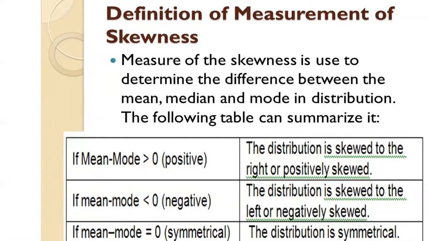So let's understand from here. If the difference of mean minus mode is greater than 0, that is, positive, then the distribution is skewed to the right, or positively skewed.